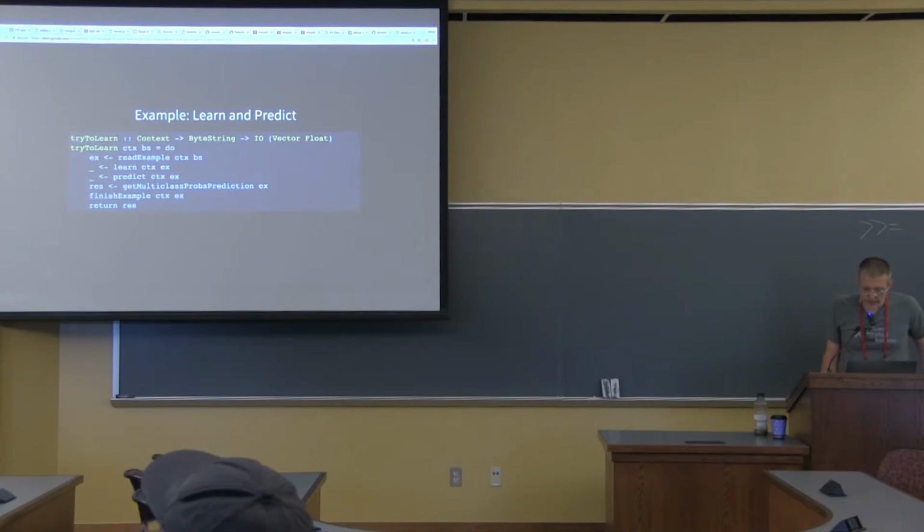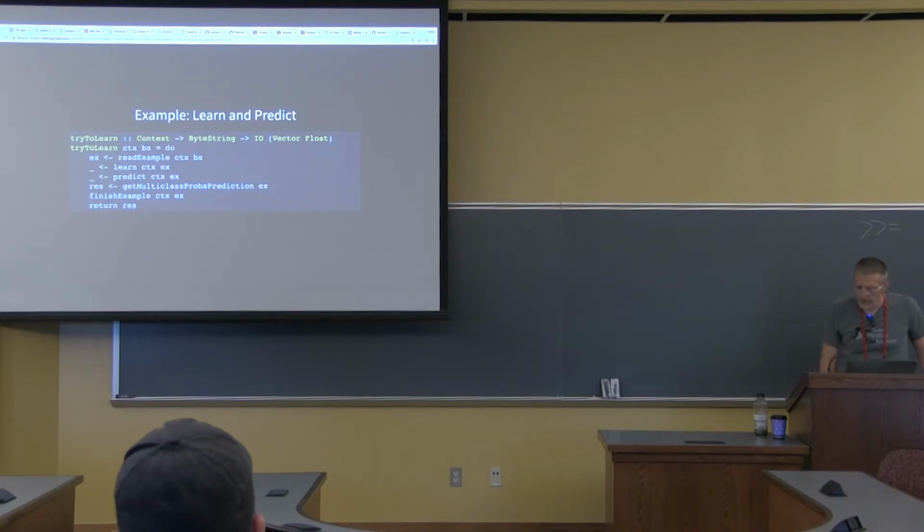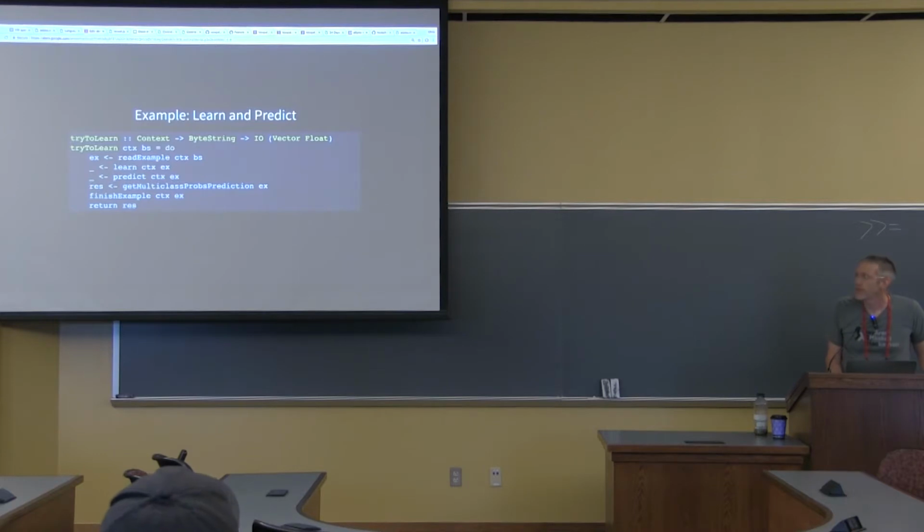But it's not great. I can still leak memory because if there's an exception in this code anywhere, then I'm not going to call finish example. How many people are familiar with exceptions in Haskell? OK, quite a few. So I might cut out a little bit early and just sort of live code through some of this to give it more meaning.